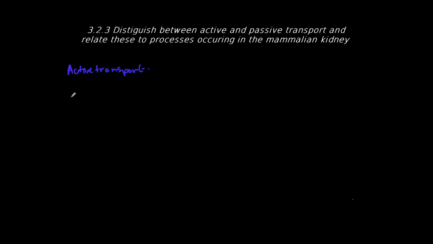Now, it is important that certain substances are not lost from the bloodstream into the tubules. Some of these substances include glucose and amino acids.